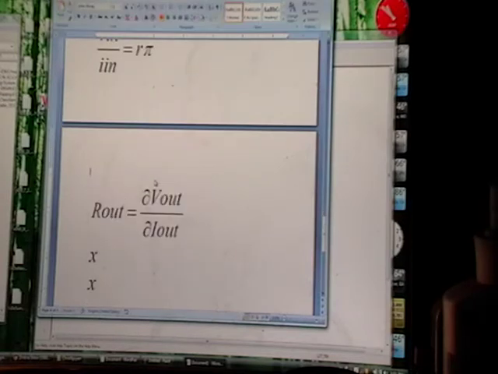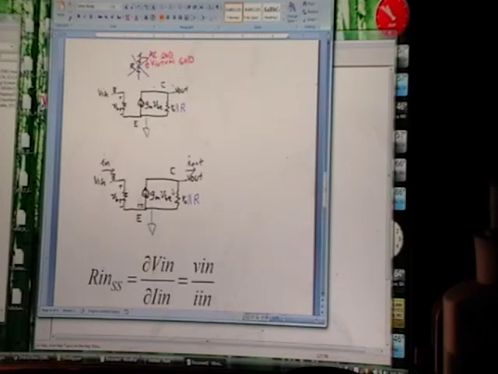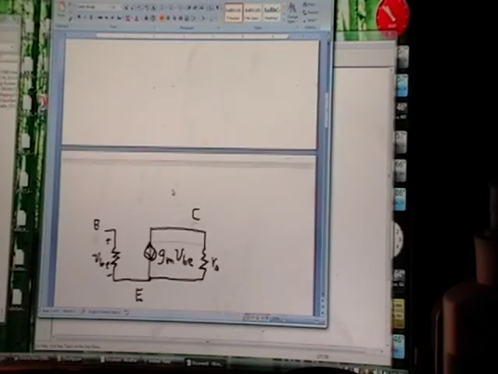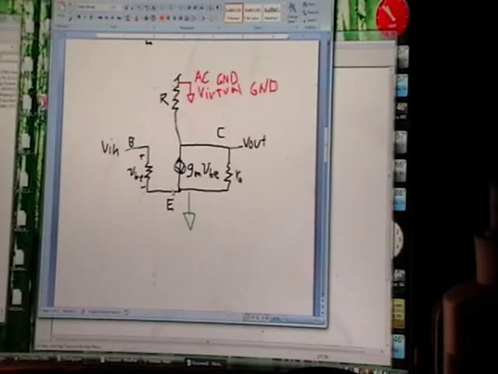But remember, these right here are, let's use the other picture. How did I make it pretty? I didn't.